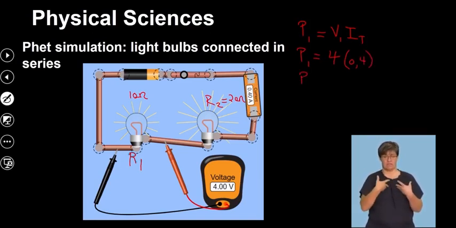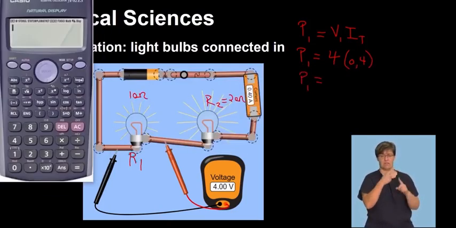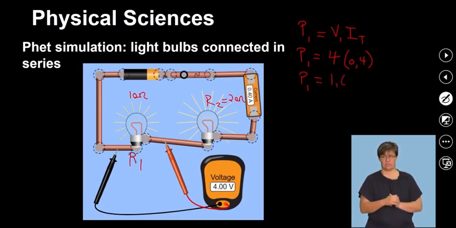If we quickly go to our calculator, 4 multiplied by 0.4 gives us 1.6. So this is 1.6 watts. What about P2?